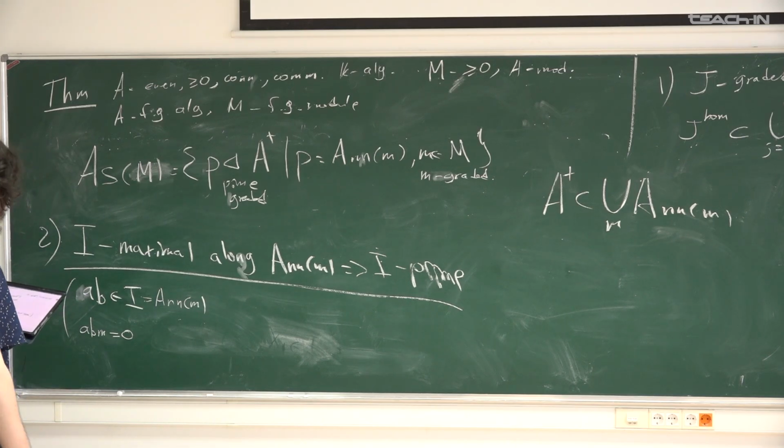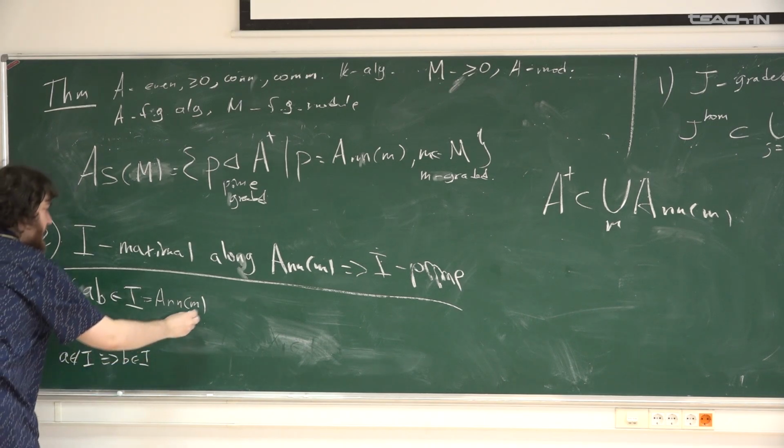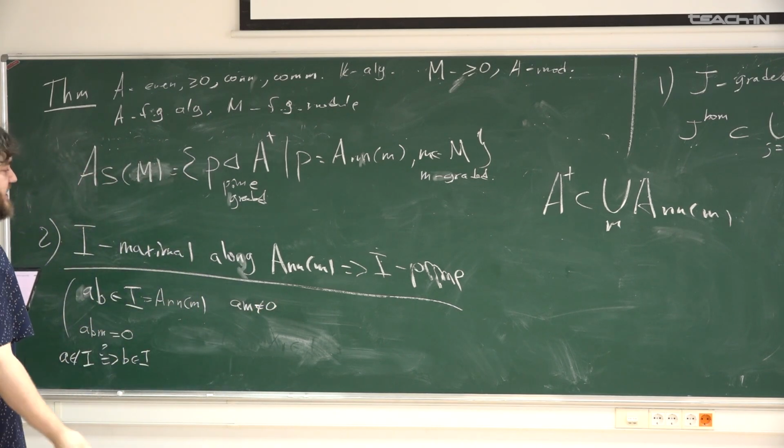Let me assume that a is not in I, so I need to check that b is in I. So it's primary. Let a not be in I, so a m is not 0. It's not in the annihilator of m.